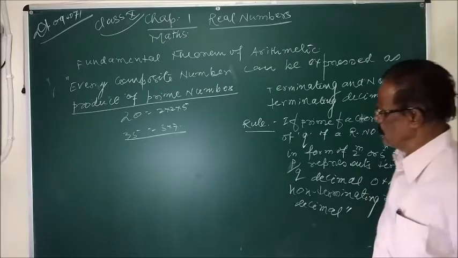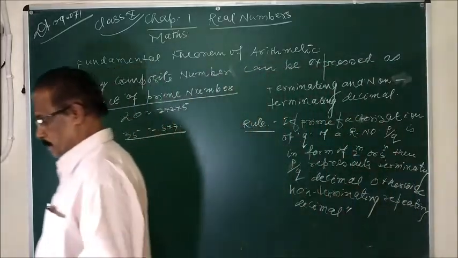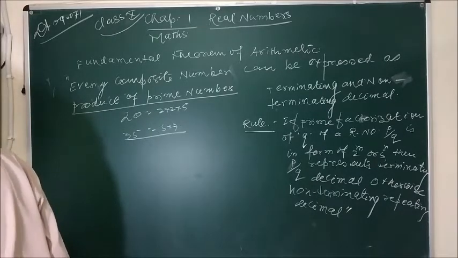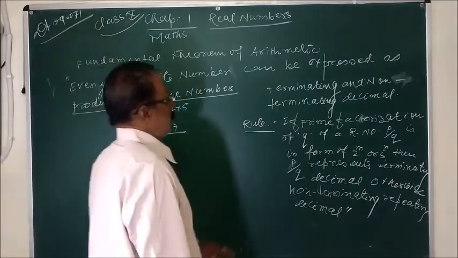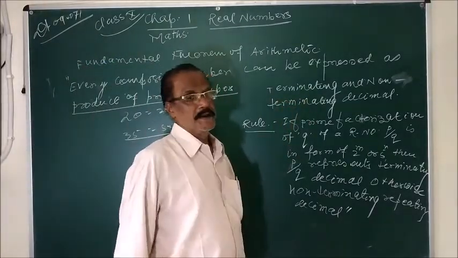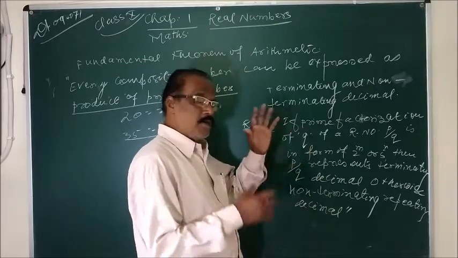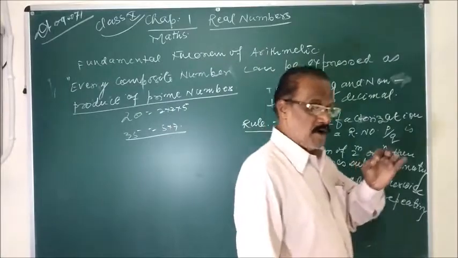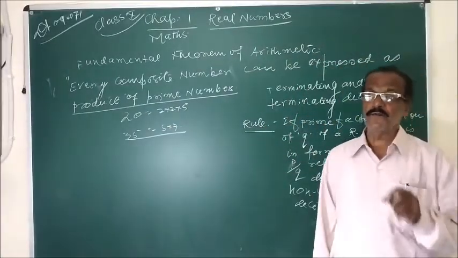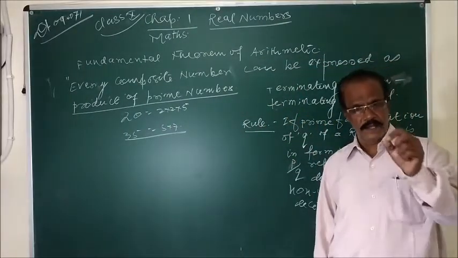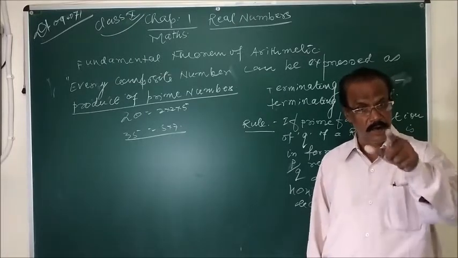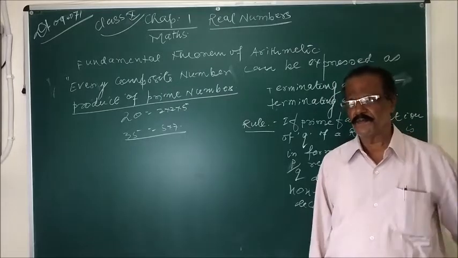Now you see for chapter, we will be saying exercise 1.3, terminating and non-terminating decimal. Without actual division, without actually dividing, how can you find out whether a given rational number will represent a terminating or non-terminating repeating decimal?